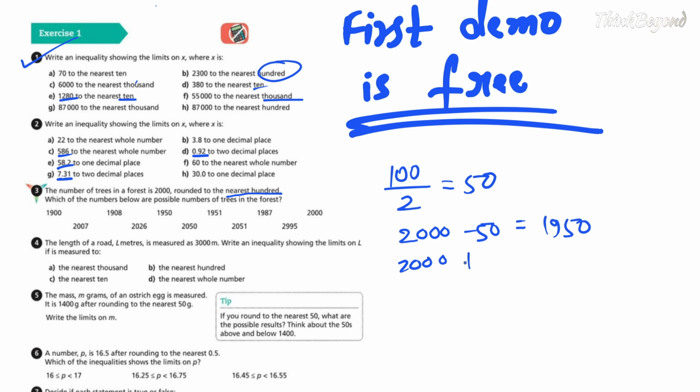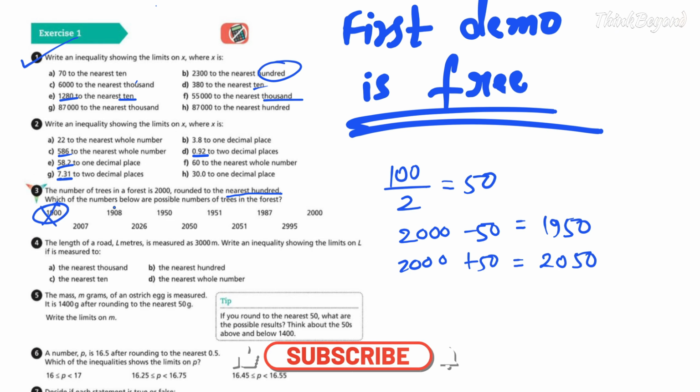Now do 2000 plus 50, which will give you 2050. Now you have to identify which number falls within the range. Now check for 1900. Is it in between 1950 and 2050? No, it is less than 1950. So it can't be possible.